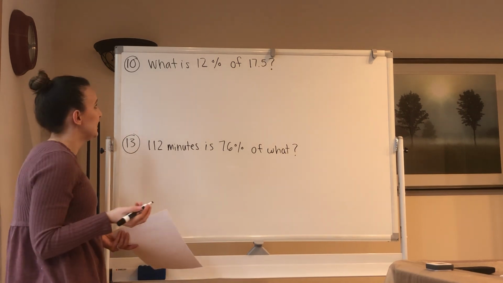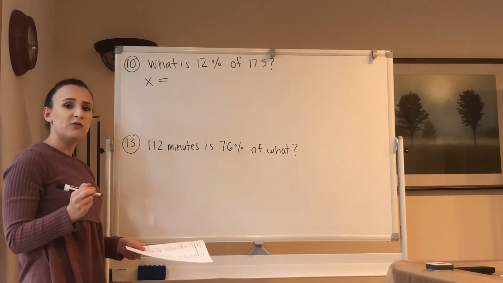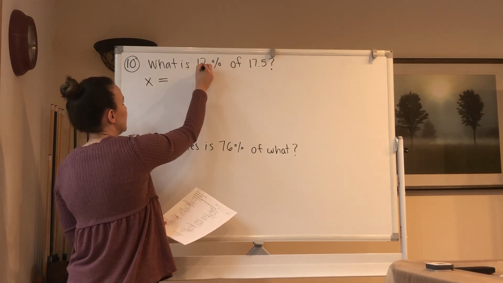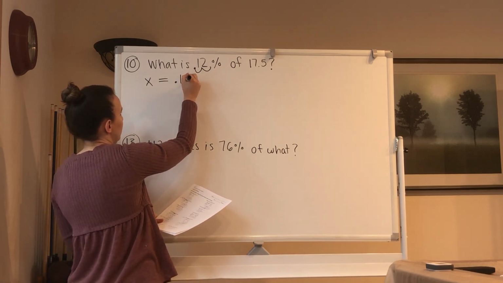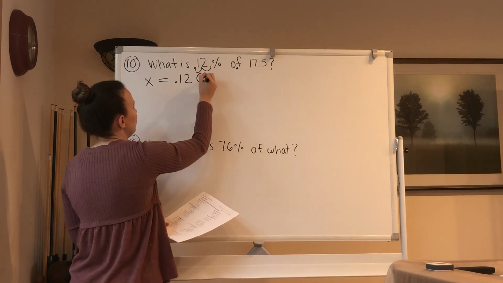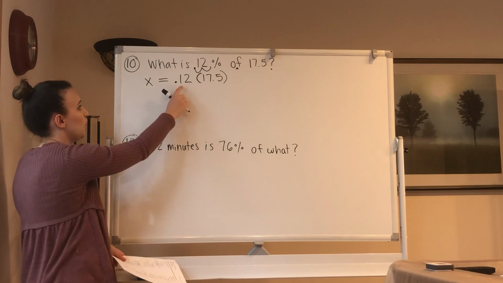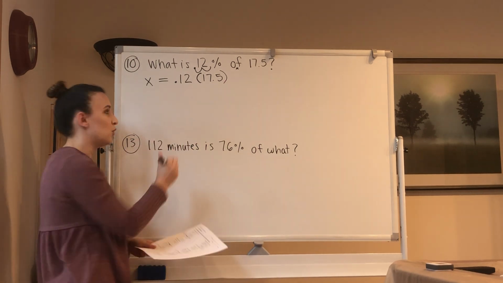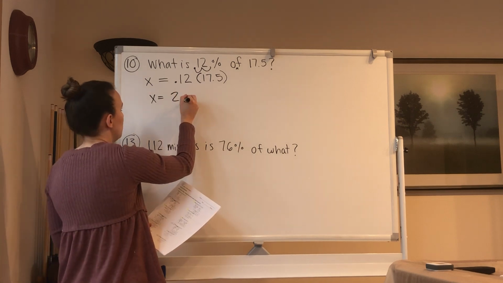So what is 12%? Move the decimal over 2 places. That's 0.12 of, multiply, 17.5. So now if you put in your calculator 0.12 times 17.5, you will get 2.1.